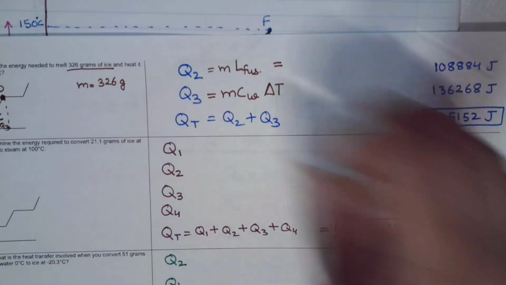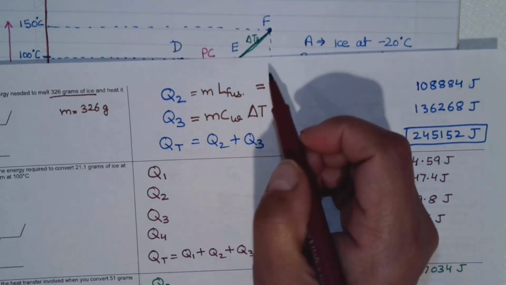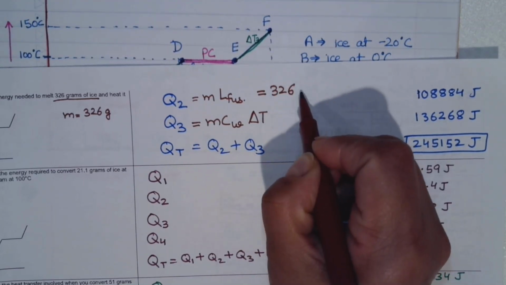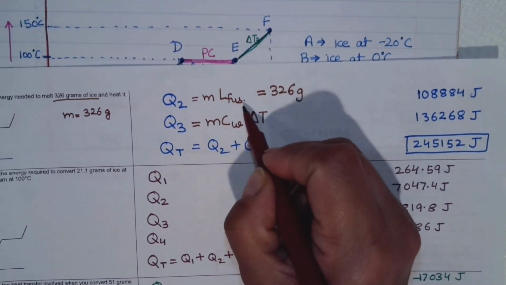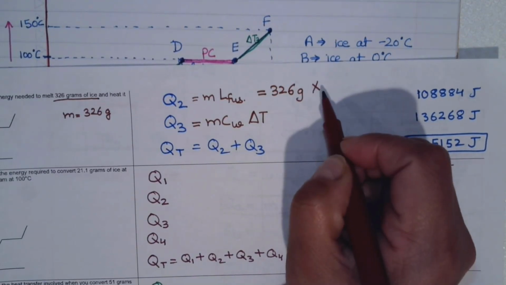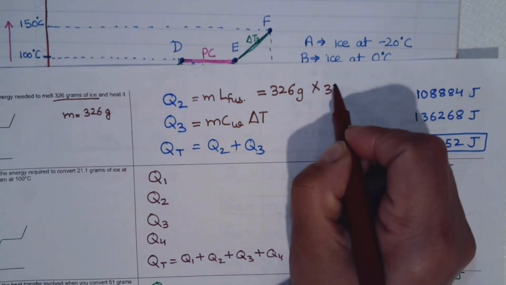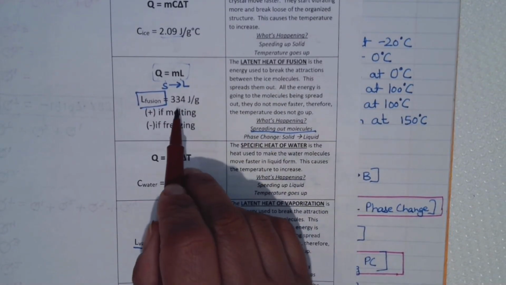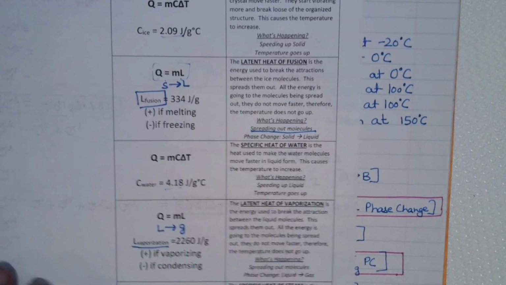So let's plug in the values. So m is 326 grams and latent heat of fusion is 334 joules per gram.